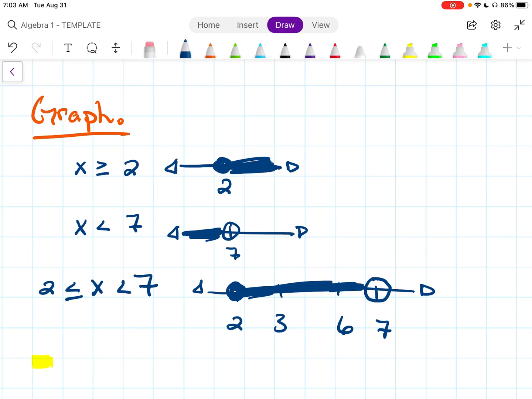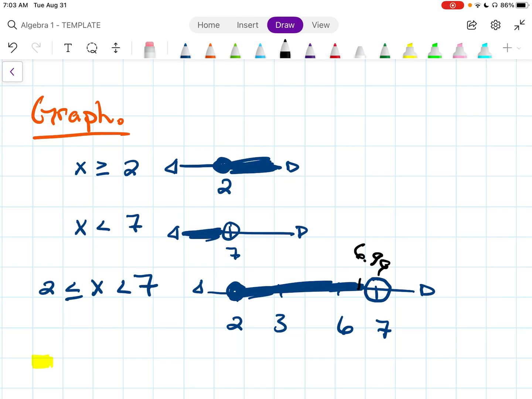Okay? The example that I would give in class would be something like you're buying something at a store, and you want the item to be at least $2, but not $7. So it can be $6.99, but it can't be actually $7. You've probably seen on Amazon or other online websites where you're buying stuff and you're able to say what the floor and what the ceiling of what you want to pay for.